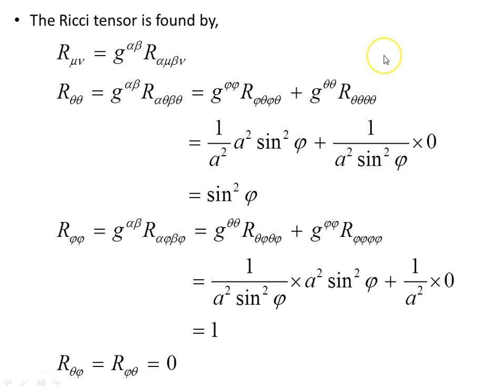Next bit. Now the Ricci tensor is a rank 2 tensor, whereas a Riemann tensor is a rank 4 tensor. So how do we go from a rank 4 tensor to a rank 2 tensor? We need to contract on 2 indices. And a contraction always reduces the rank of a tensor by 2. And so the Ricci tensor with 2 lower indices is the inverse metric, with both indices raised, multiplied by the Riemann tensor with all 4 components lowered.